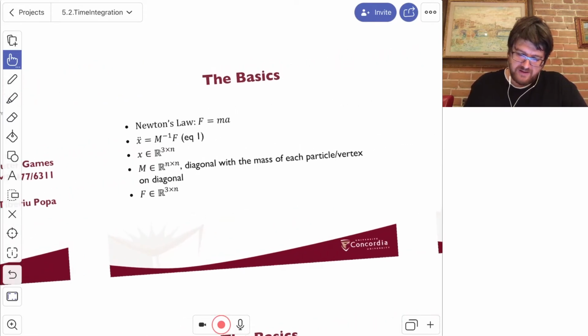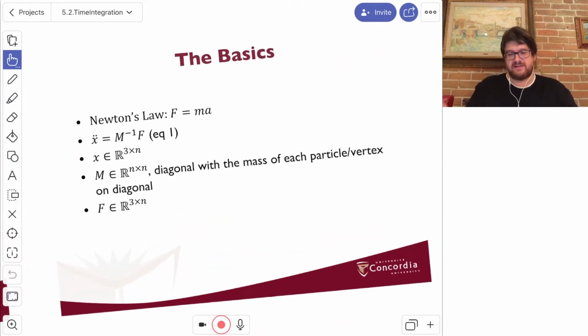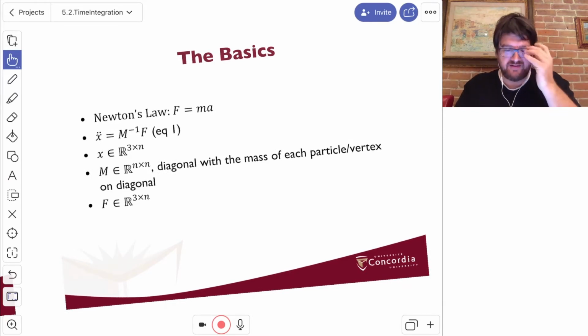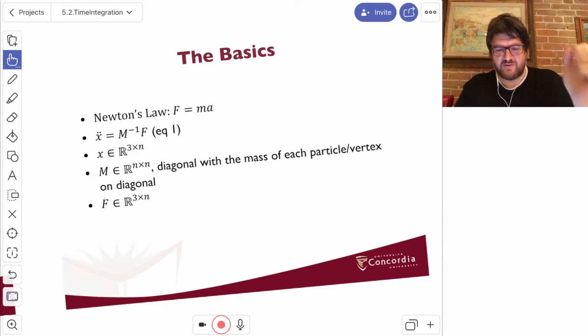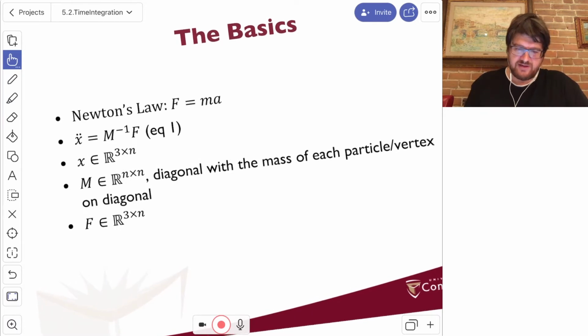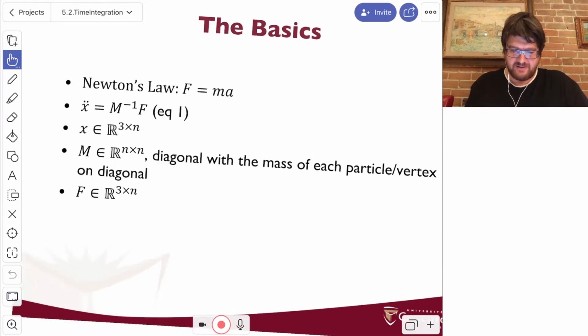So it's very natural that if we do physics simulation, we have to use at least a subset of the laws of physics. And one law which we're going to use a lot is Newton's second law of motion, F equals ma. Of course, in animation, we are really interested in the position.